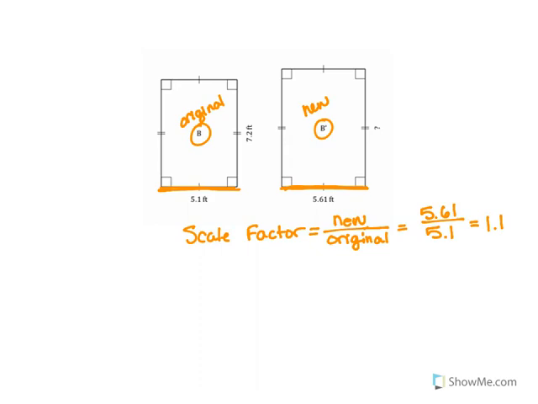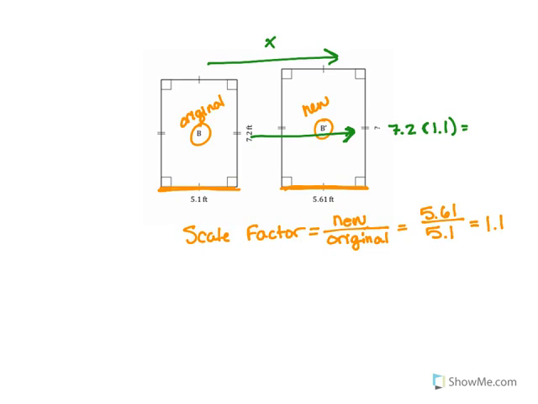So now we're going this direction, so that means we're going to have to multiply. So to get to here, we're going to do 7.2 times 1.1.